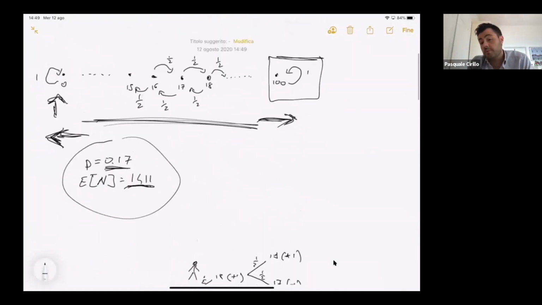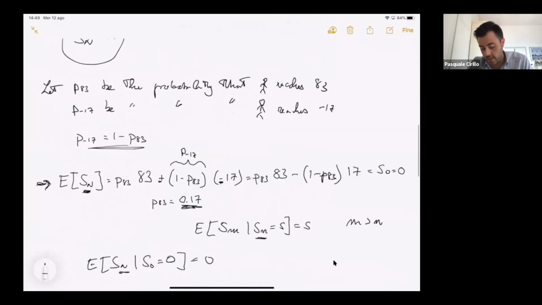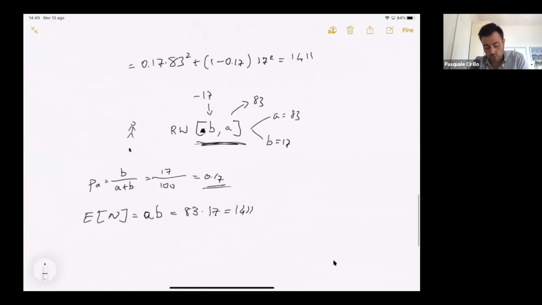And using martingales, you come out with a quite elegant and general solution.